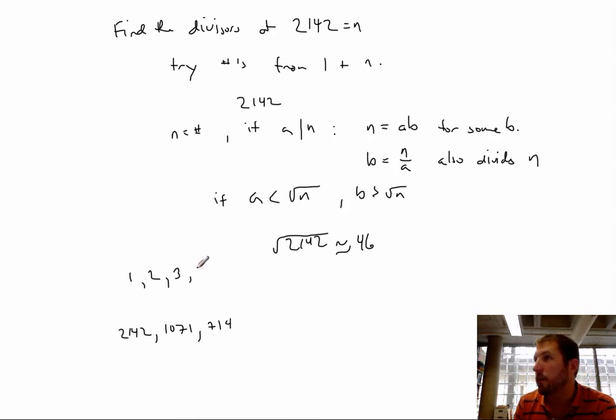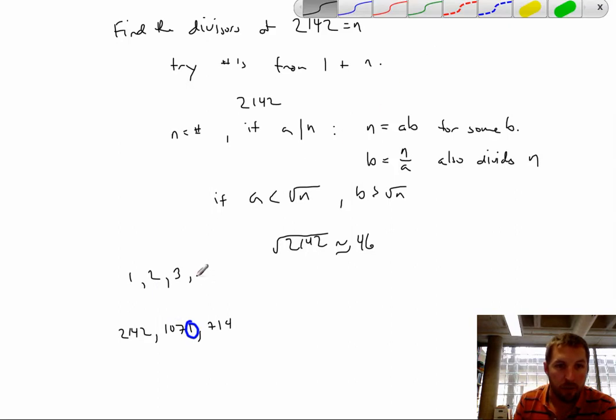Okay. Let's see here. 4 does not go in, and we know that. 2 goes in 1,071. If 4 went in, 2 would have to go in again, which means this would have to be even, but it's odd. So no, doesn't go in.